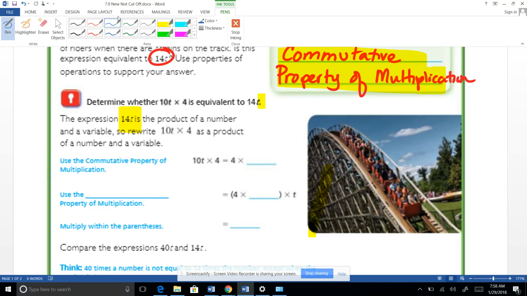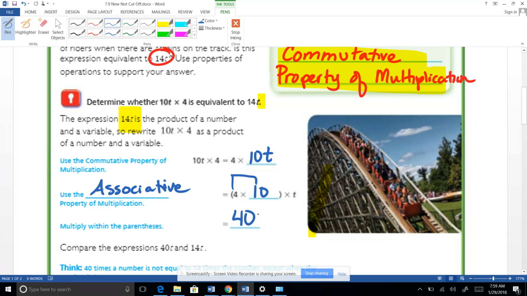And so now when we rewrite it, we just switch the order and make this 4 times 10t. So we use that commutative property. And now what about using the associative property, where we now take out this 4 and this 10 times t. And so what's 4 times 10? Doesn't that give me 40?